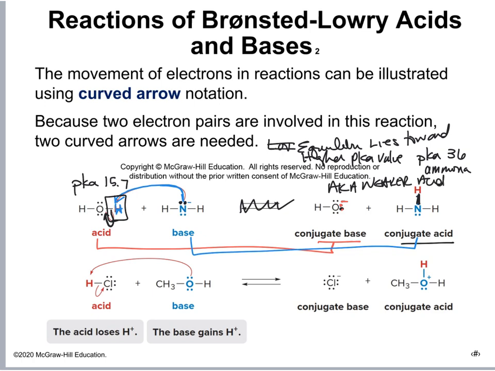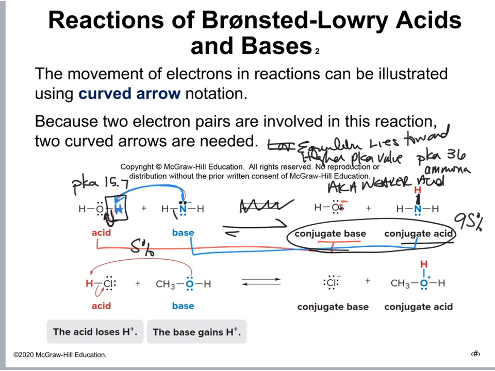So which way would I do this? 36 is higher than 16, so your equilibrium would go there. And so this might be 95%. This could be 5%. And so when you put water and this NH2 in a flask, you could say probably 95% is going to be in these forms.